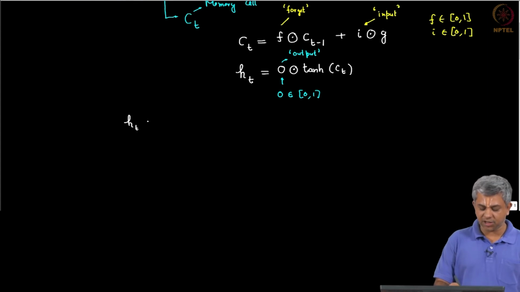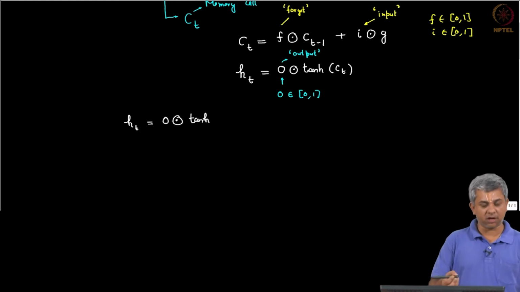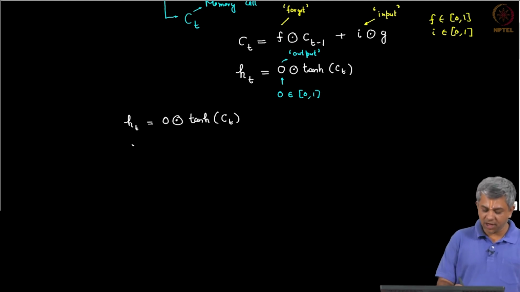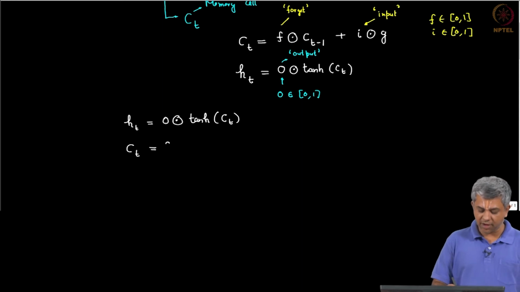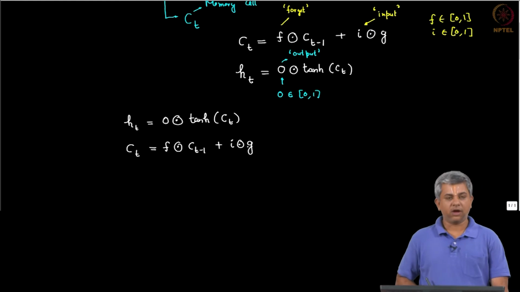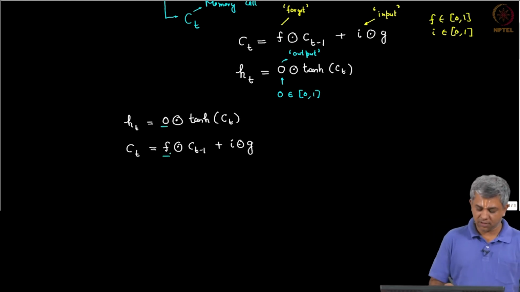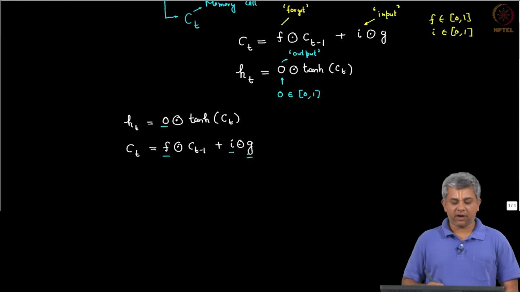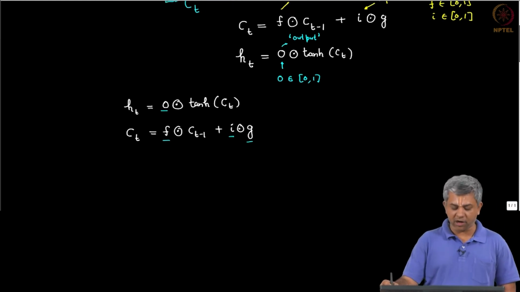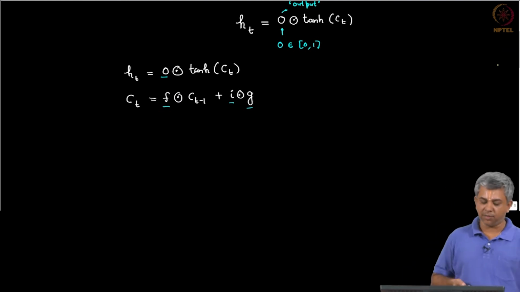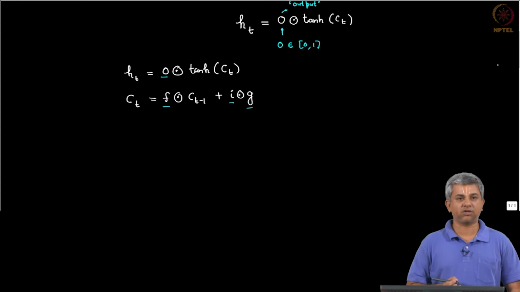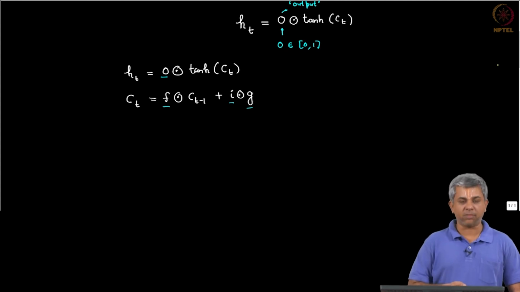LSTM is calculated as HT is O times tan H of or some other nonlinearity of CT, where C is the memory, and CT itself is calculated as f times CT minus 1 plus I times G. And now all these parameters need some definitions, and these definitions you could probably write down intuitively even before I do, and I would recommend that maybe you pause the video and try it once just to make sure that you have understood things, but I will quickly write them down in a second.